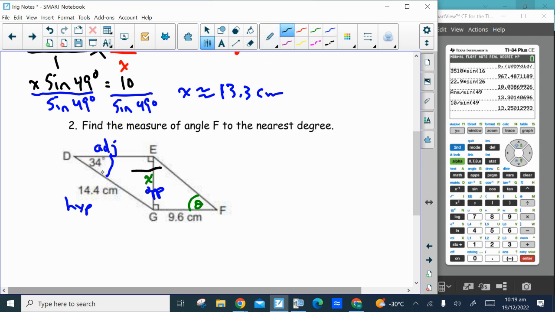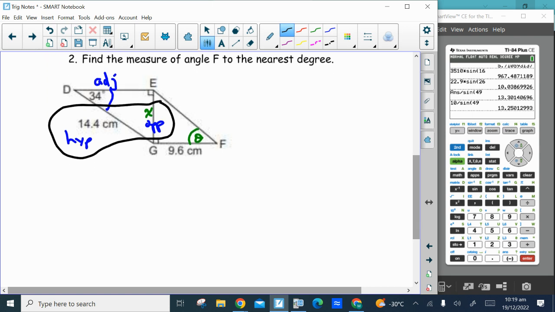And so in this case, once again, I'm going to use the opposite and the hypotenuse, which is the sine ratio again. The sine of the angle of 34 degrees equals the opposite, which is x, over the hypotenuse, which is 14.4 centimeters.